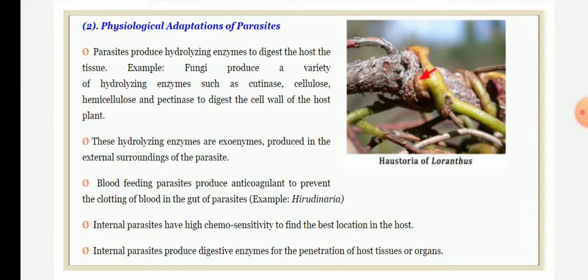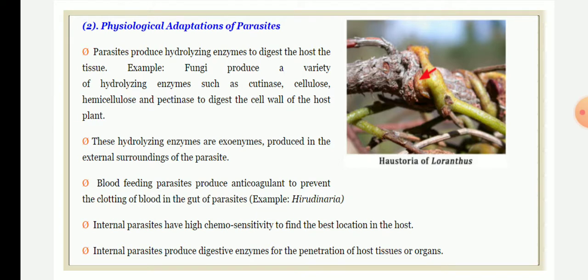This cuticle is permeable to water, and it also helps in absorption of food from the protective spines. They have well developed cuticles, for example in trematodes or helminths.